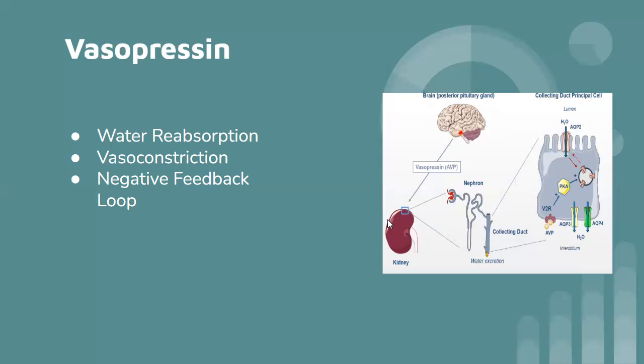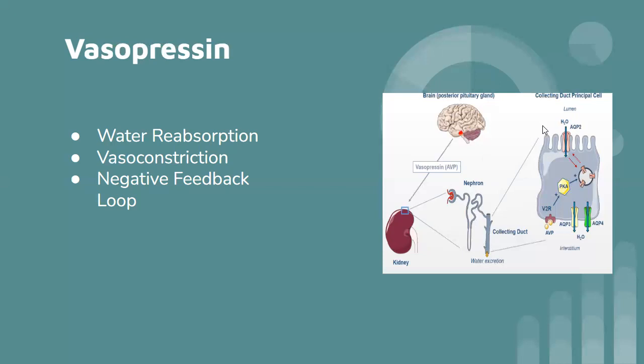When it reaches the kidney, it's going to travel down to the nephron. And at the nephron, it's going to travel even further. It's going to go into the collecting ducts, and it's going to affect the aquaporin channels.